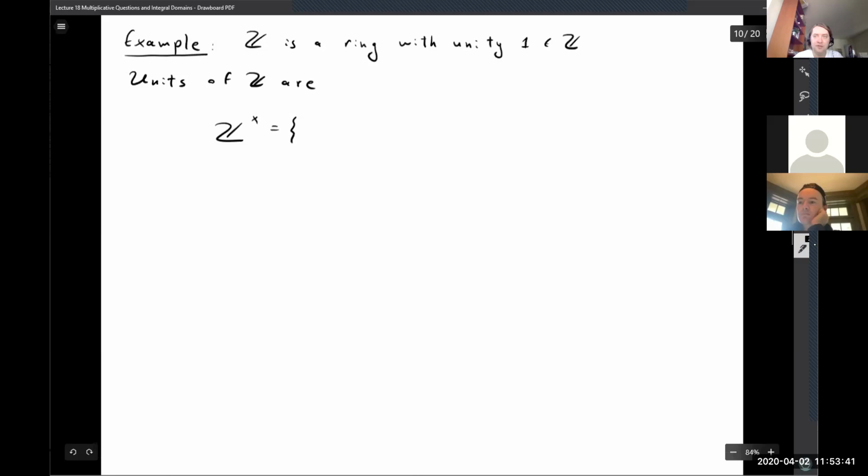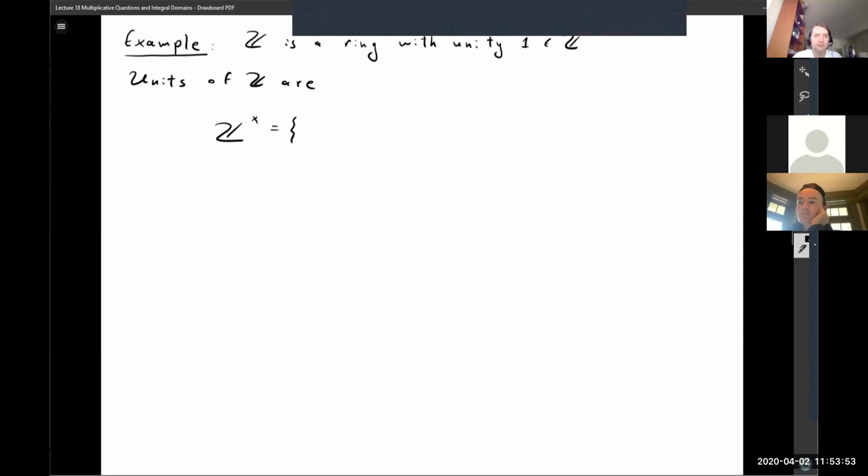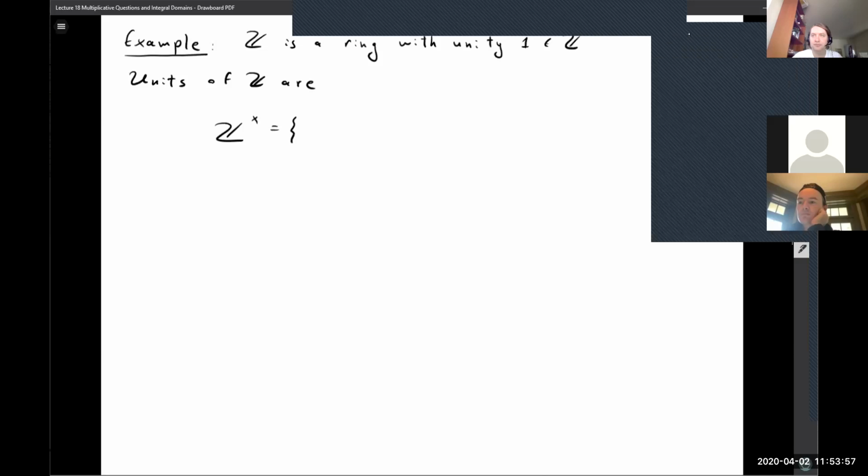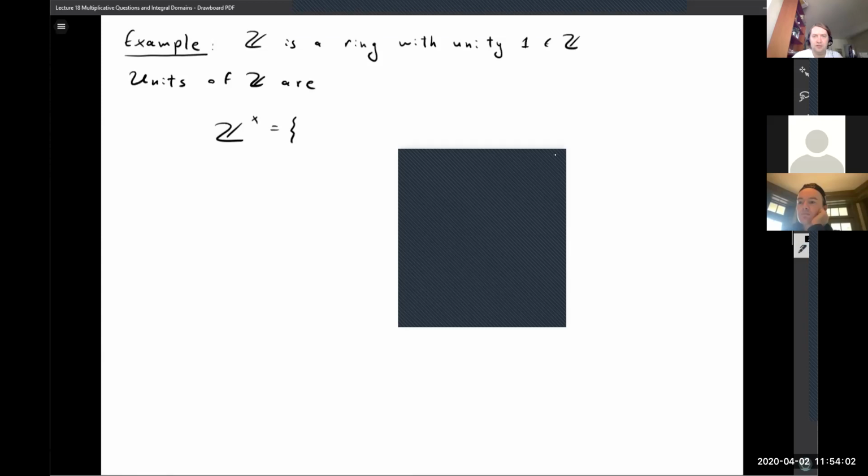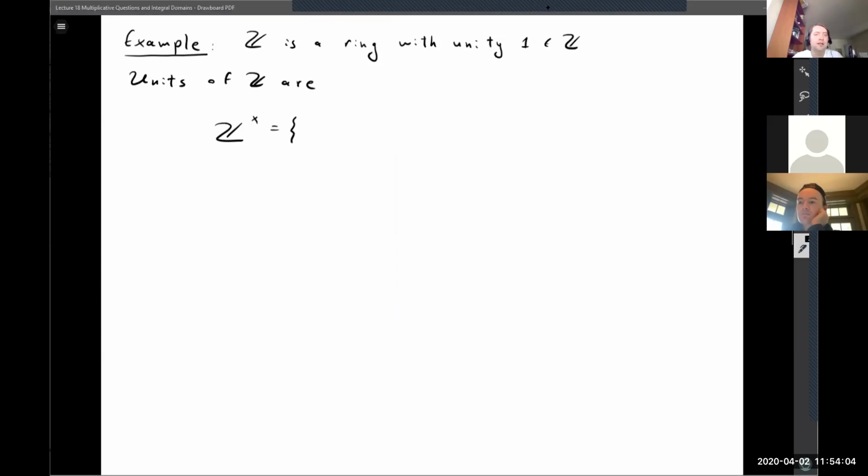And that's the question to the audience. What is the set of integers which have multiplicative inverse? Okay, so this is 1 and minus 1.